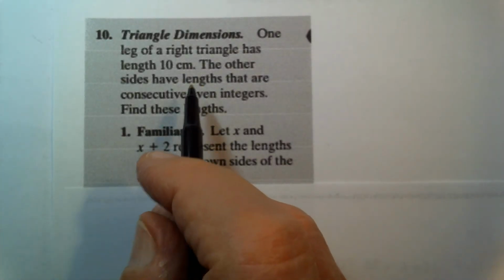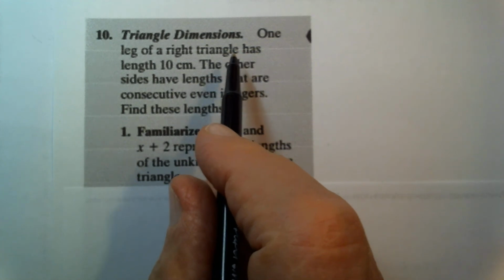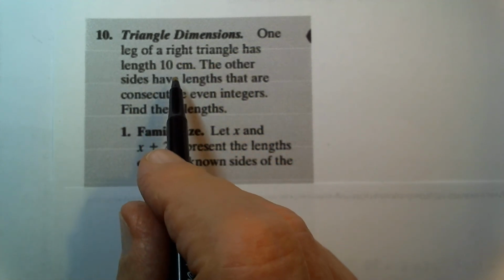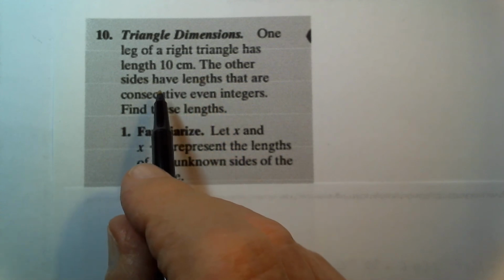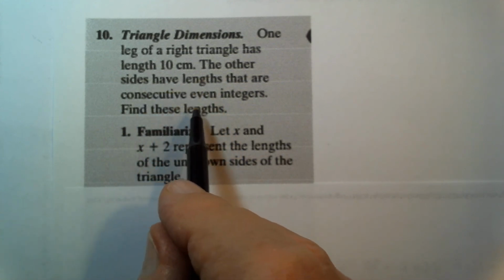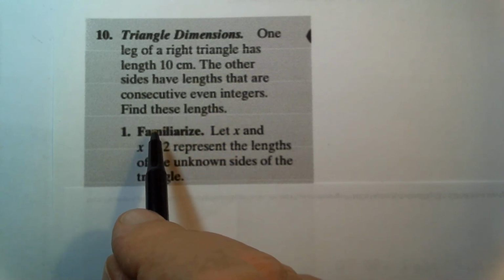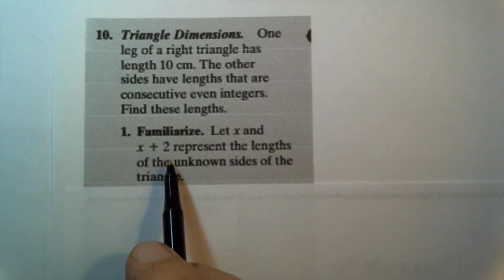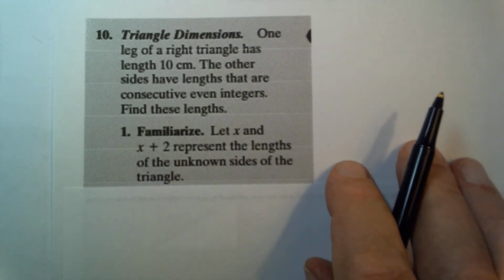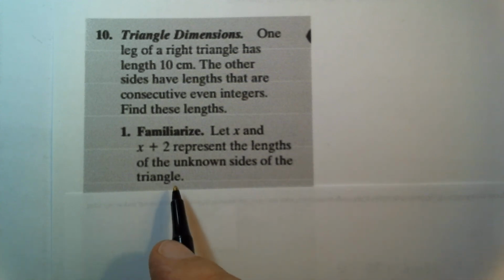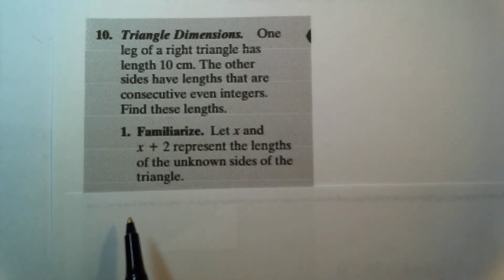Here's the problem statement. Triangle dimensions. One leg of a right triangle has length 10 centimeters. The other sides have lengths that are consecutive even integers. Find these lengths. So let's think about what this means. What do two consecutive even integers mean?